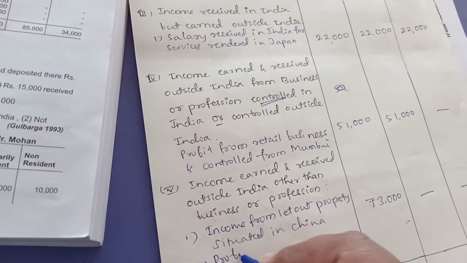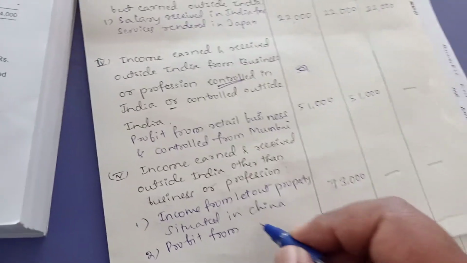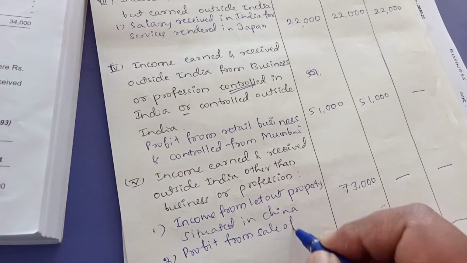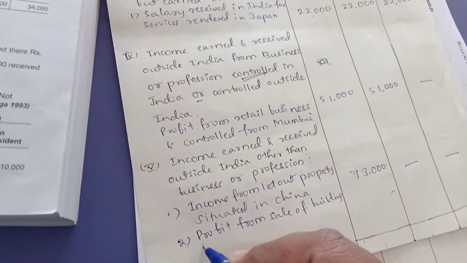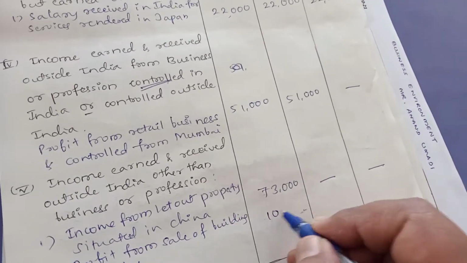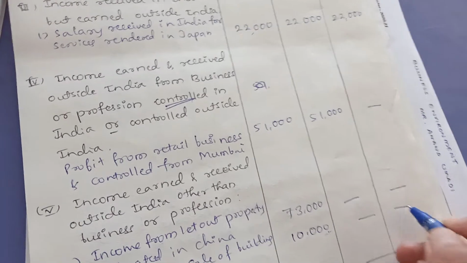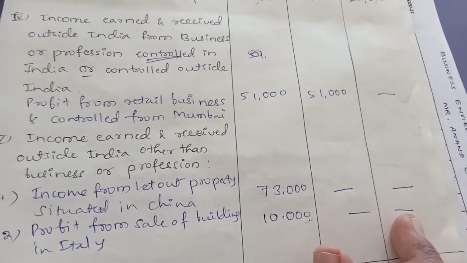Profit from sale of building in Italy, rupees 10,000. In the case of this head, only the first asset should be taxable and the rest of the two should be left blank, not taxable.